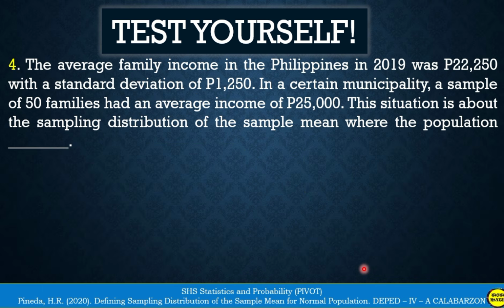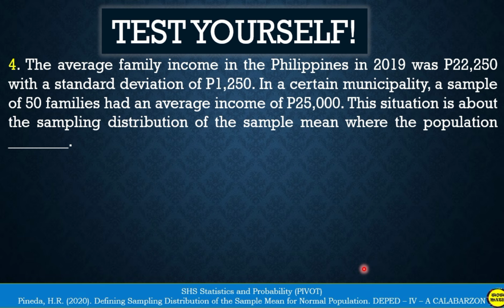Okay, for question number 4, the average family income in the Philippines in 2019 was 22,250 pesos with a standard deviation of 1,250 pesos. In a certain municipality, a sample of 50 families had an average income of 25,000.